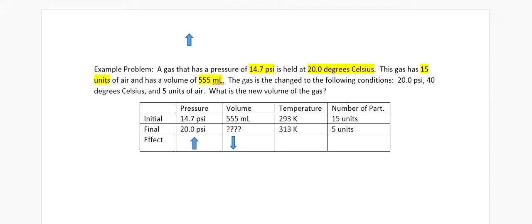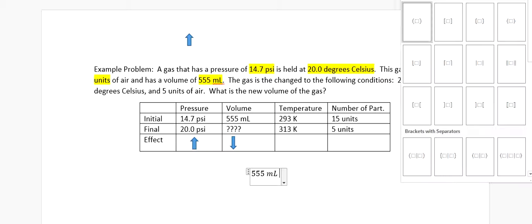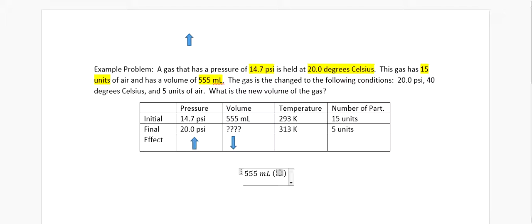And so therefore, if I insert my problem that I'm going to solve, I know I'm going to take the 555 milliliters of the gas volume, and I'm going to multiply that by a ratio of the pressures. And so then I just simply need to define what ratio I'm talking about.